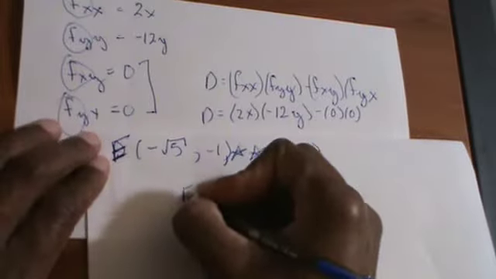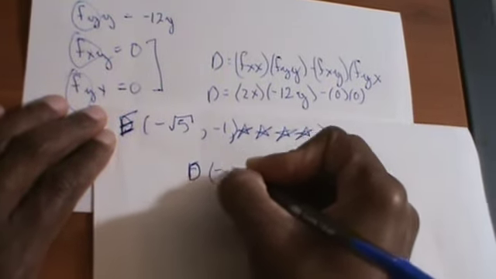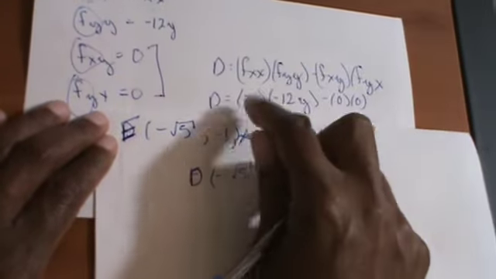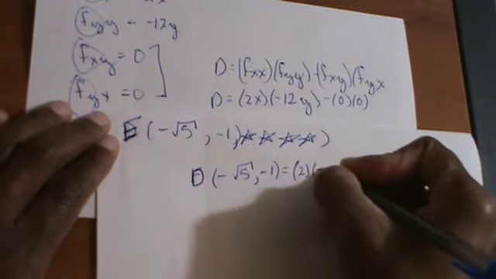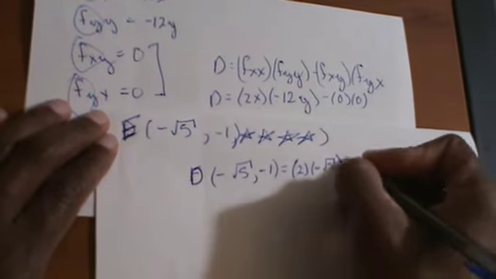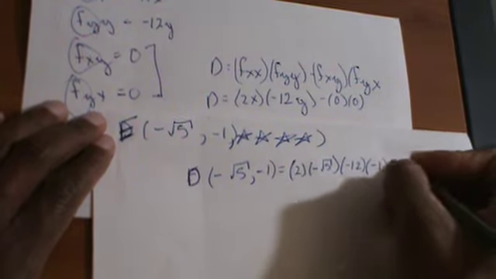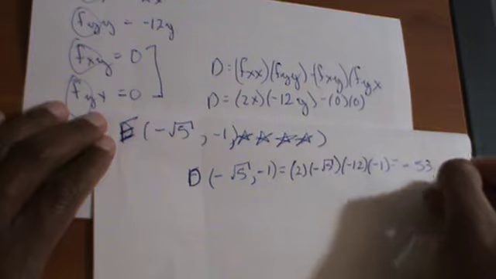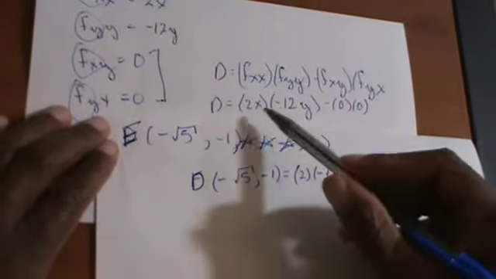Please find that last coordinate by going back to your original function. So D at negative square root of 5, negative 1 equals, I'm going to go right in here. This is 2 times negative square root of 5 times negative 12 times negative 1. This equals negative 53.67. Let's see, make sure.